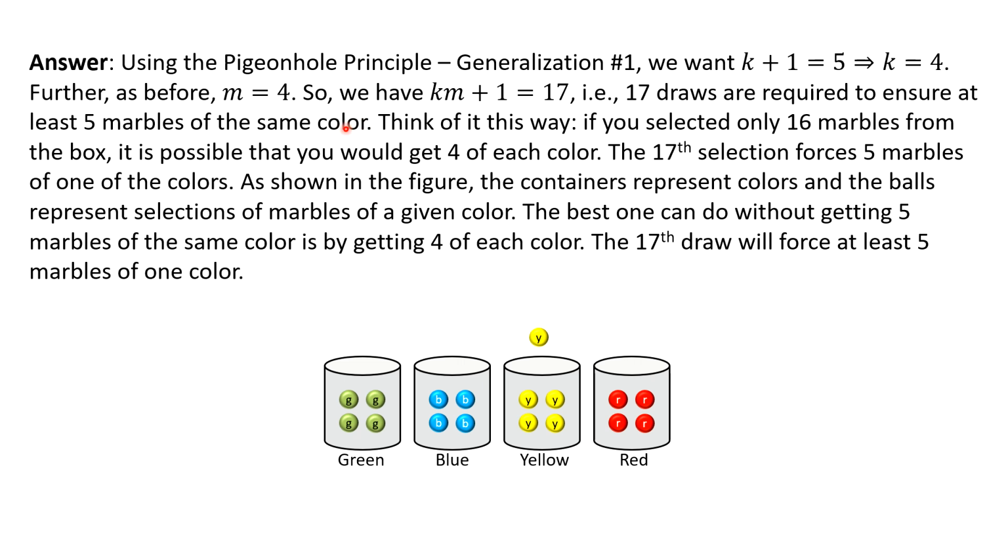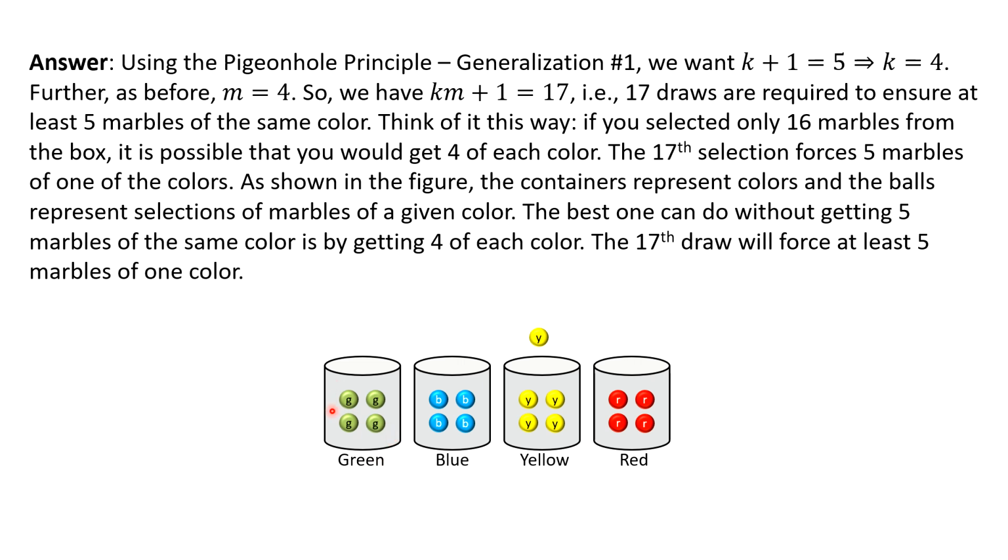So that's kind of more of a technical way of looking at it. And the other way is more of a worst case analysis. What's the least number of balls you need to draw to be guaranteed of having 5 marbles of the same color?